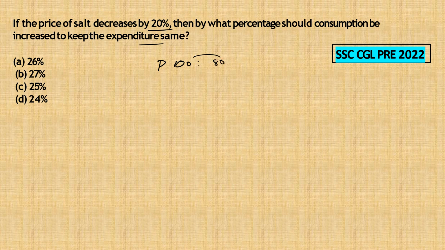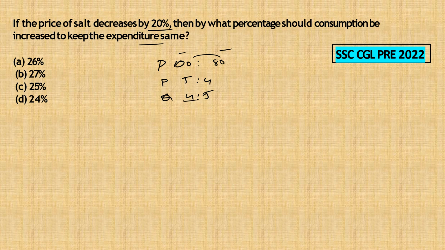What is the ratio? 25 sir, 24 sir. The expenditure is same, you are spending at 100 rupees and spending at 80 rupees. Okay, then what I have said, the price gets inversed, quantity gets inversed if the expenditure is same. That means 4:5 is the quantity.